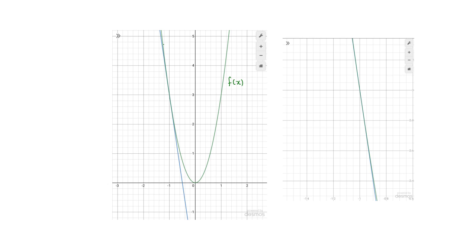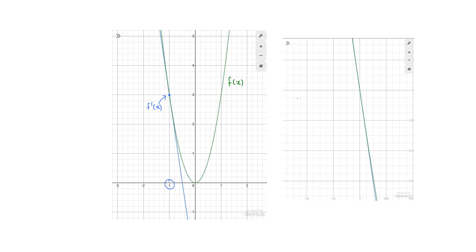When you draw a tangent line to some point a on this curve, specifically here we've drawn it to x equals minus 1, when you find f prime of a, which is the gradient at that specific point x equals minus 1, that value is equal to the gradient of the curve itself at that point, and it is also equal to the gradient of the tangent line at that point.